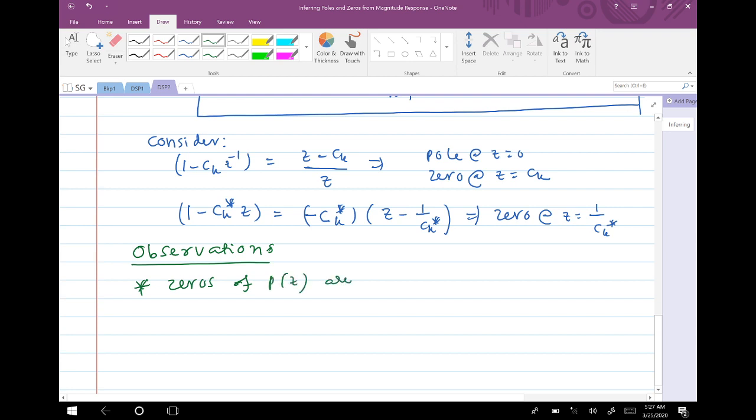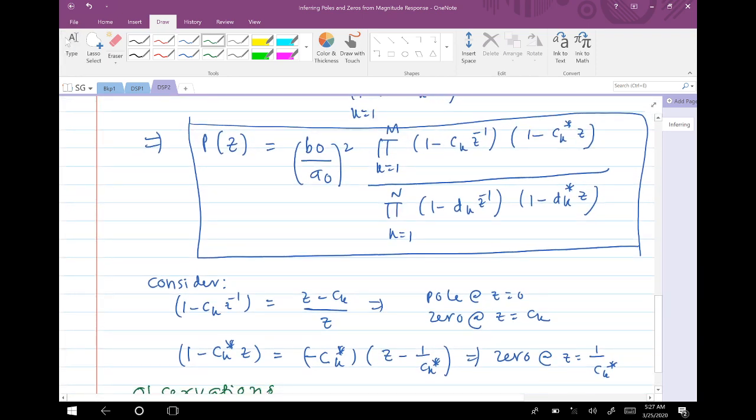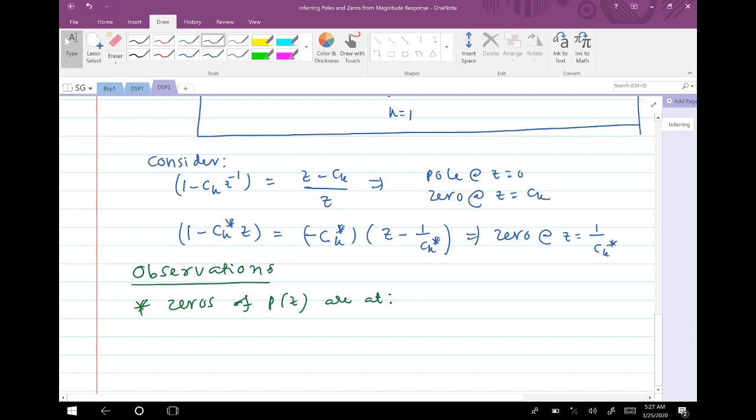At what places does it have zeros? With k varying from 1 to m, you have them at c1, 1 by c1 conjugate, c2, 1 by c2 conjugate, and so on.